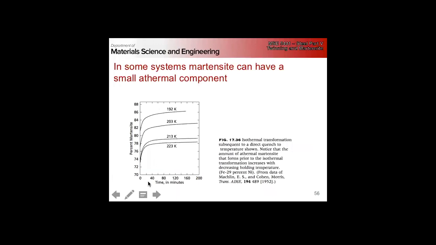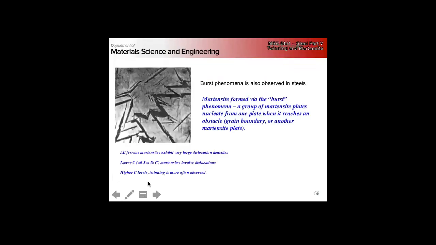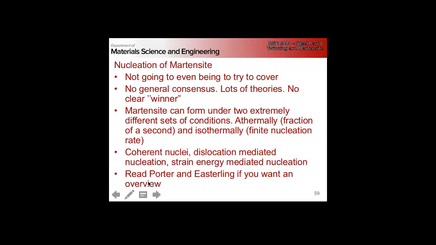But notice the magnitude of this. This is 75% martensite, and then if we hold at 223 for a couple hours, we go from 74 to 77, so we get 3 additional percent. But the 74% that forms is the athermal part right off the bat, right? And we said we're not even going to try and cover the nucleation of martensite.